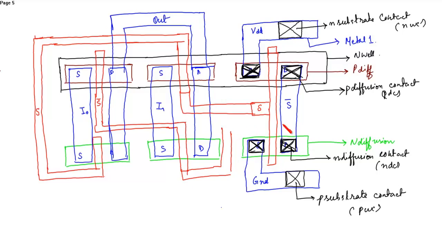In this portion, S bar is a metal layer. So we can directly connect like this from here. Since there is overlapping between a metal and a poly layer, we need to place a poly contact. So here we need a poly contact.